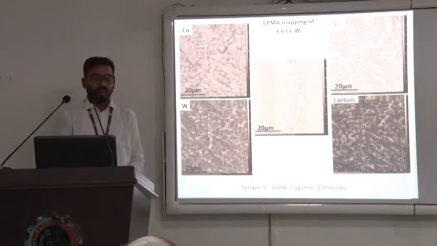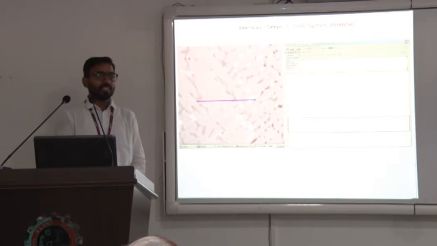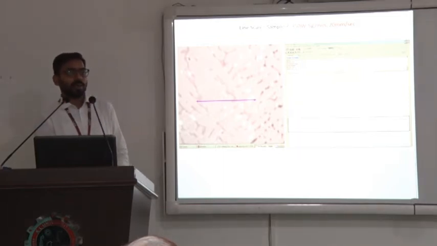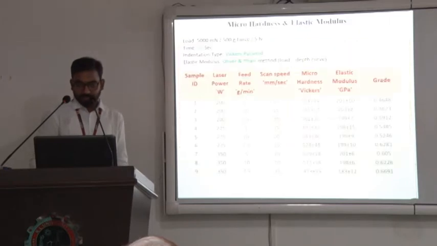These are the phases formed on the deposited samples. This is further analyzed with line scanning analysis, where we can select a particular line and see how the metal compositions form. It will be displayed as per the requirement of the samples.